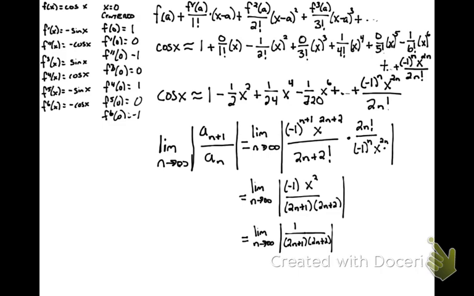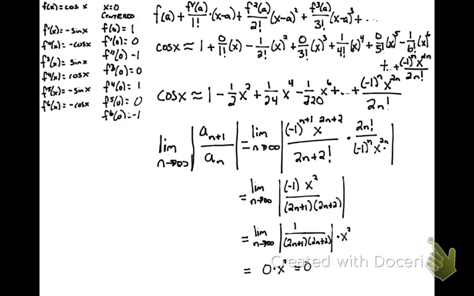If you square it, it'll be a positive value. So that's why it's just times x squared. Now our limit as n goes to infinity of 1 over 2n plus 1 times 2n plus 2 will be 0, because the denominator is getting large while the numerator is staying at 1. So we end up with 0 times x squared, and for all values of x, this is equal to 0.